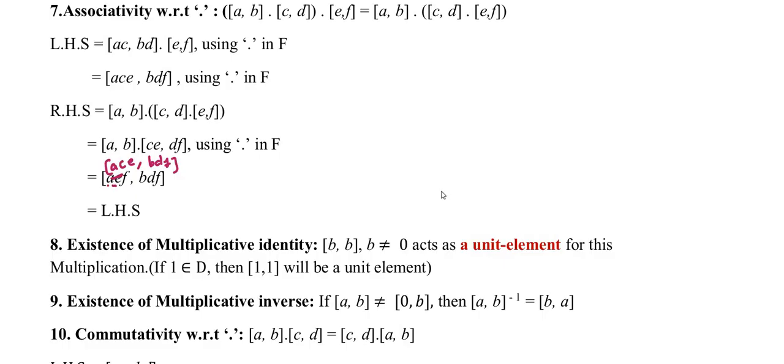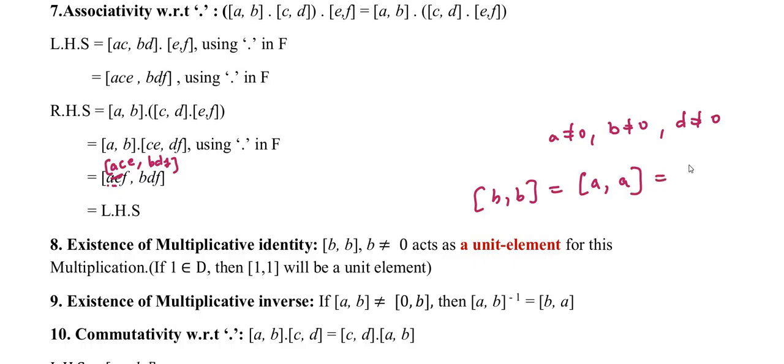If you have F to be a field, you cannot have too many unit elements, but these are all classes, they are all equal, so they are the same. So whether you consider BB or AA, when you know A non-zero, B non-zero, and D non-zero, you will have them all to be equal.